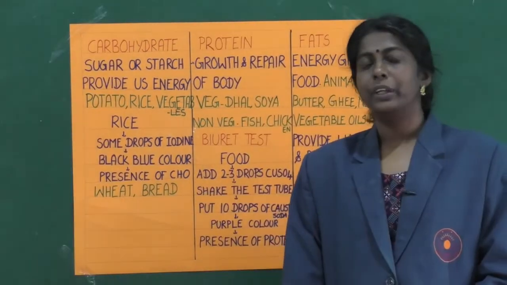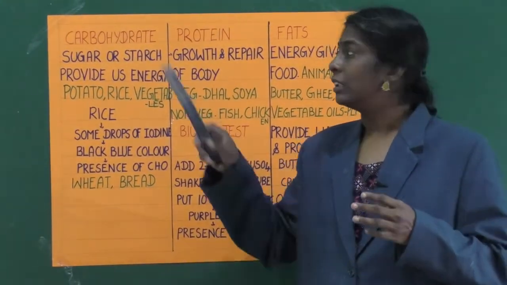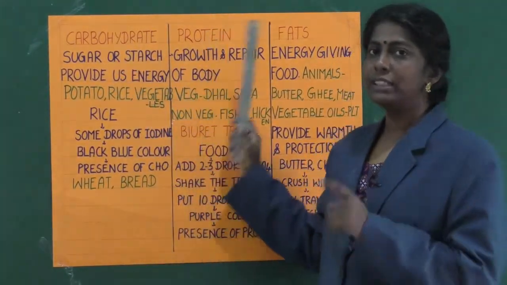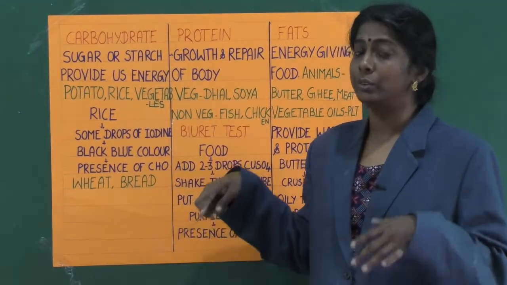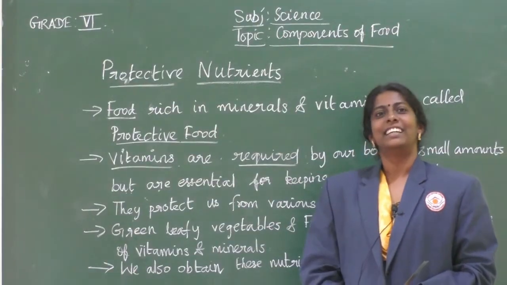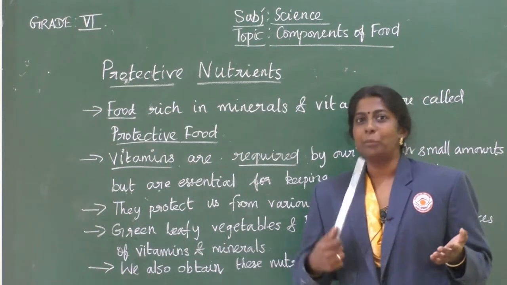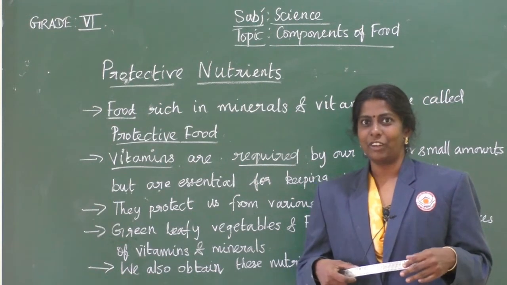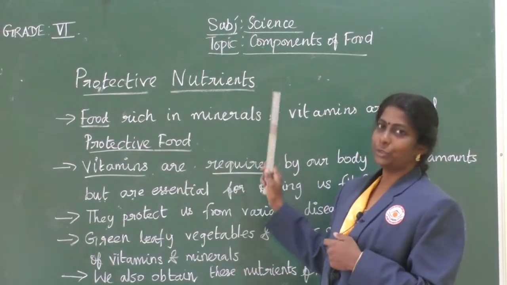So in this chart we have learned about 3 different nutrients: carbohydrate, proteins and fats, and the respective tests to test for the presence of these nutrients. Yes students, we have already learned about energy giving nutrients and body building nutrients, is it not? So now we are going to learn about protective nutrients.